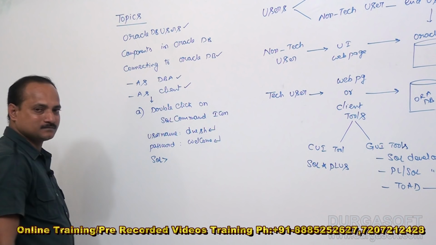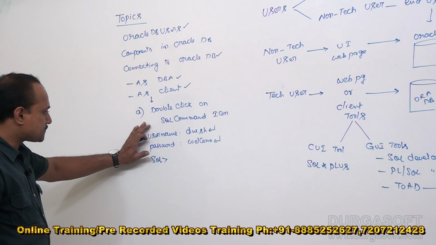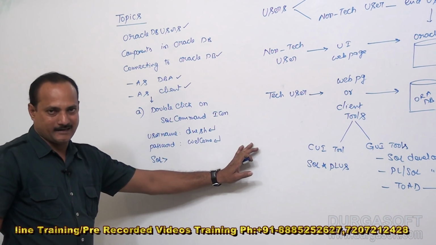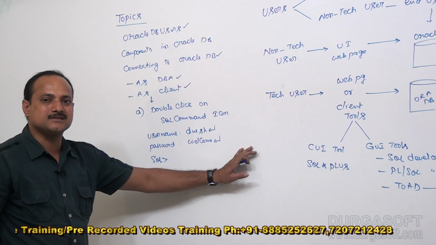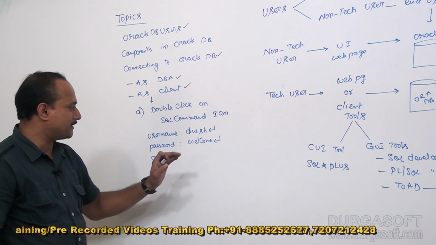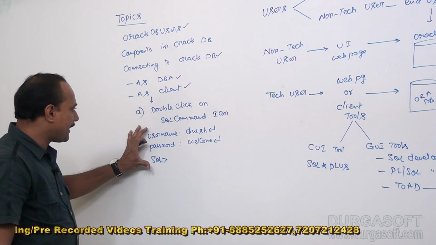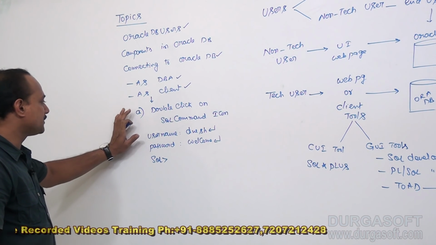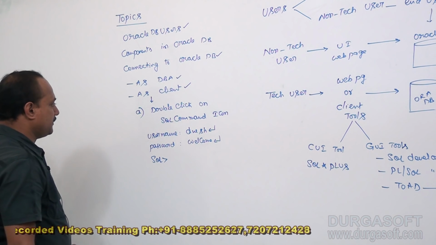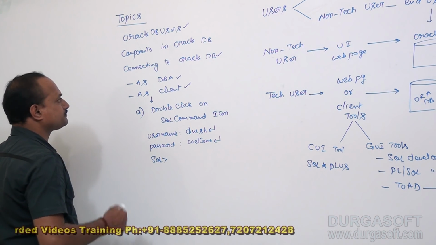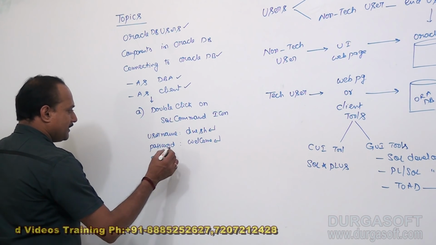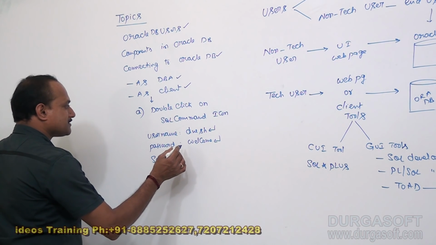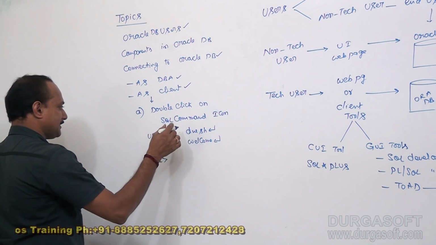So Dinesh is successfully connected to the Oracle database through the SQL*Plus window. Remember this point. I will show you the hands-on part of this shortly. Don't worry, within a short time we will discuss the hands-on part. In this way you can connect to the database as a DBA as well as a client.